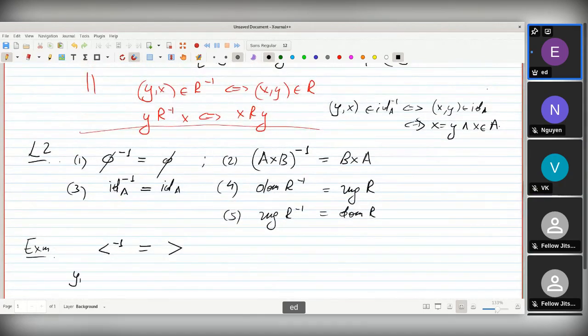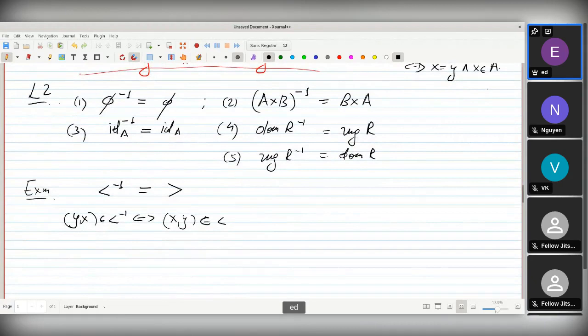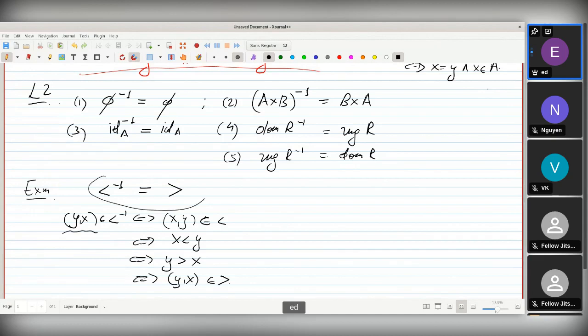So we see that yx belongs to this converse if and only if x is less than y. That is, y is greater than x. That is, yx, our original pair, belongs to this greater relation.